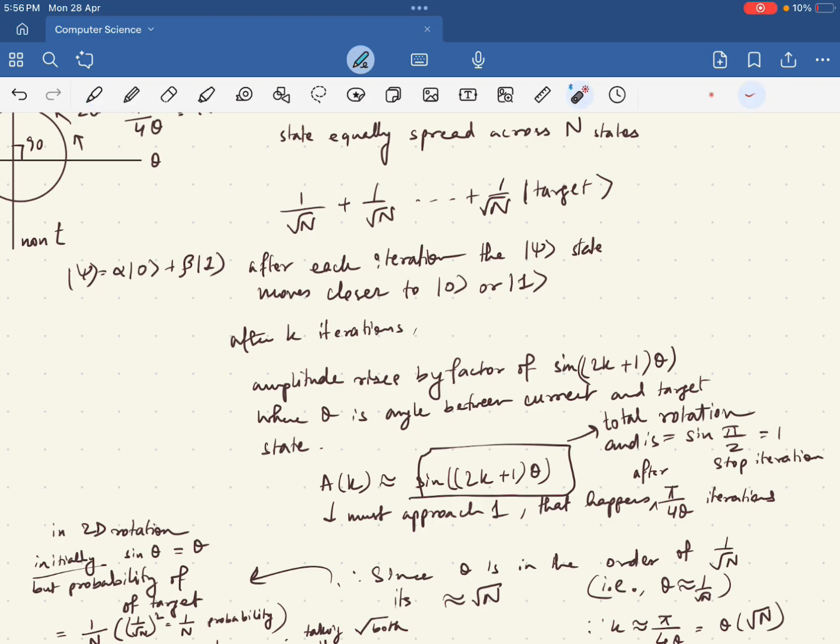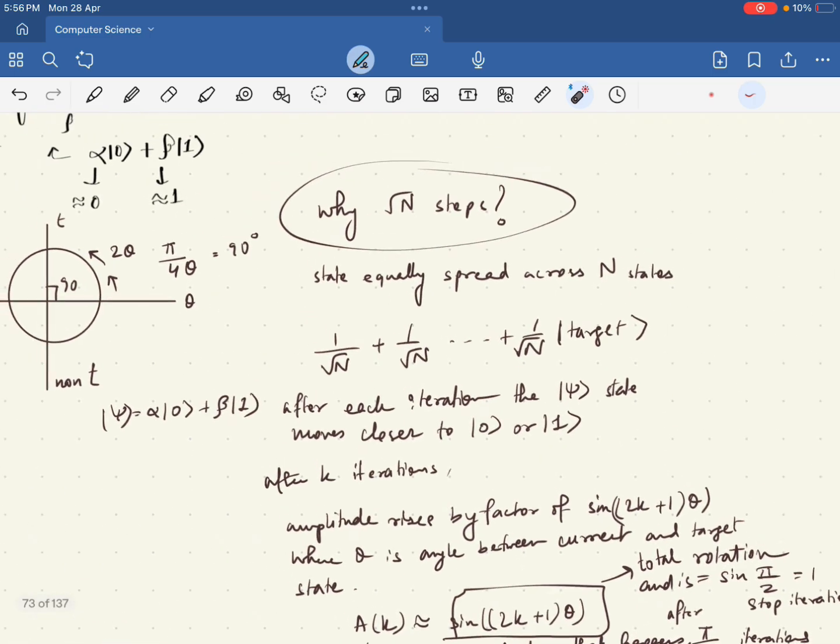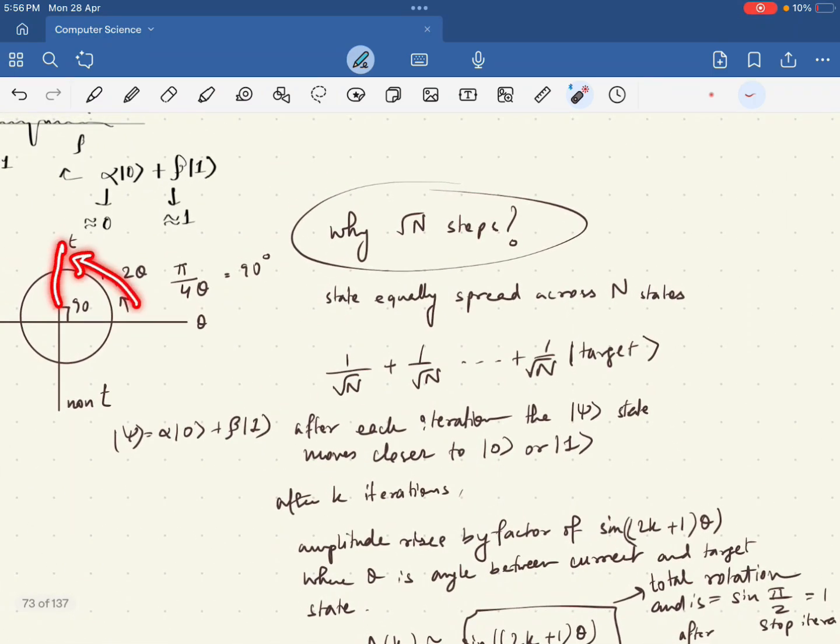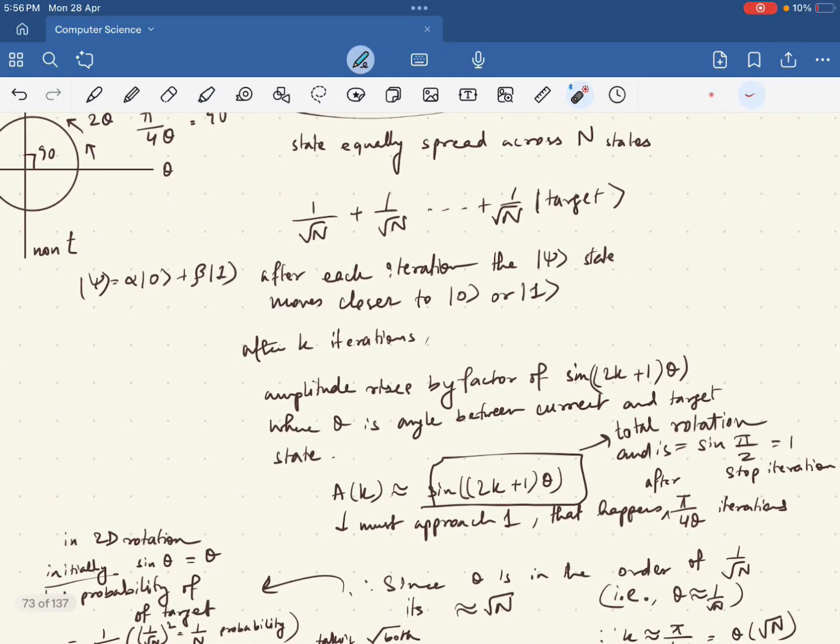So we can see the total rotation needed for the amplitude to rise up to 1 is sine of (2k plus 1) times theta, which is sine 90 degrees, which is equal to 1, meaning it has risen and found the target. And when it does so, we stop iterating.